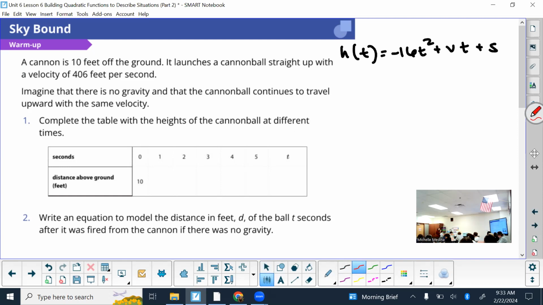Where does the 16 come from? You don't have to overthink it, but when we did the first lesson of this on Tuesday, where did we say that negative 16 comes from when there is what?